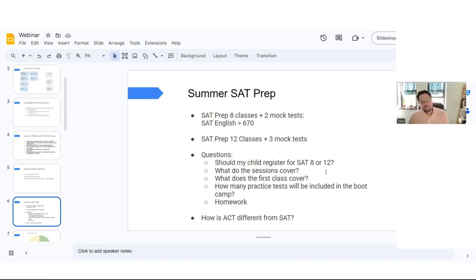When should students start preparing for the SAT or ACT? For the actual test taking, I would say eighth grade to freshman year. For the reading skills and reading comprehension, that can start in elementary school.